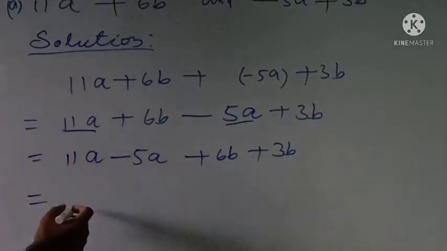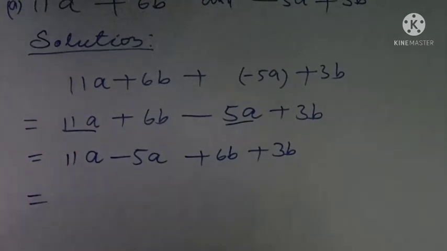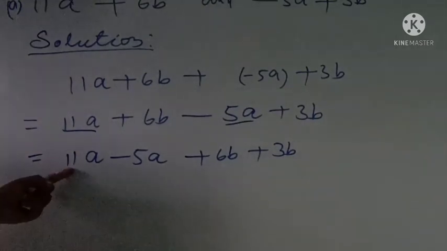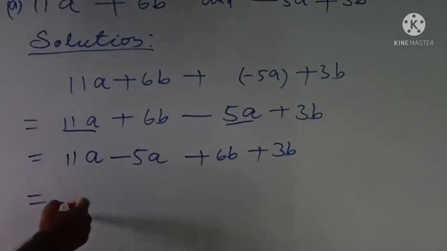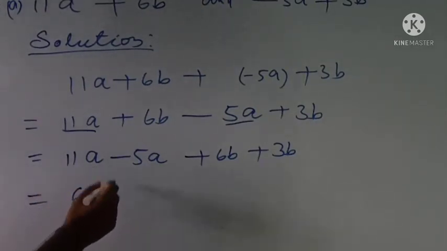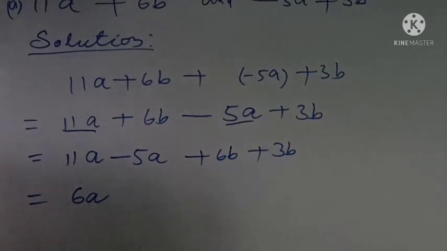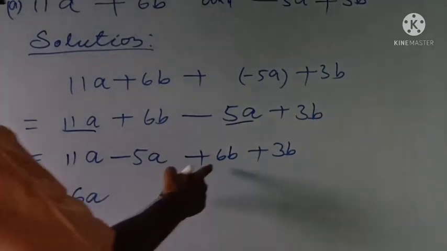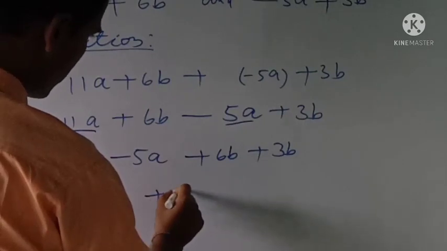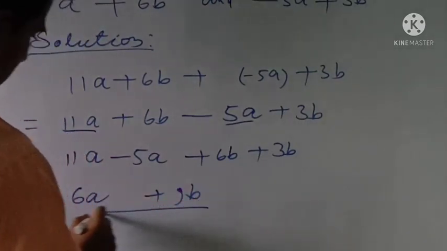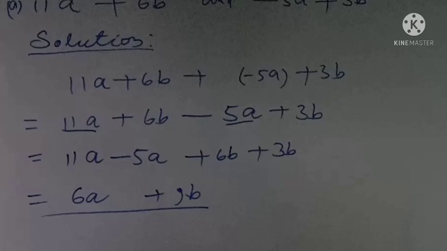See, the coefficient of 11a is 11, the coefficient of 5a is 5, so 11 minus 5 we know is 6, so we can write here 6a. Then 6b plus 3b, so 6 plus 3 is 9, so we'll write plus 9b. This is the solution of question number 1, sub question A.